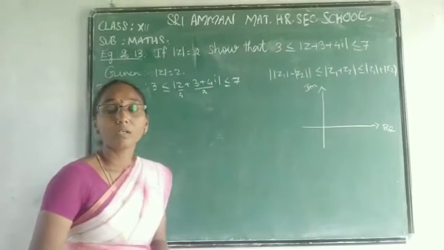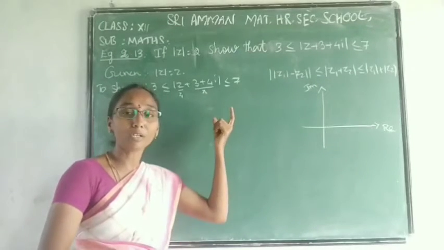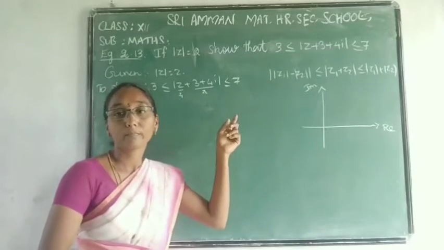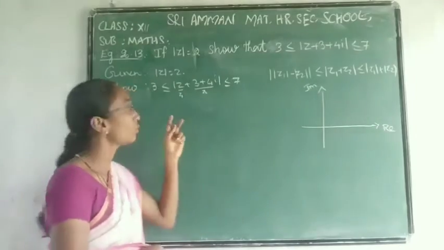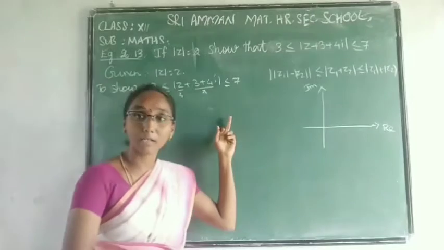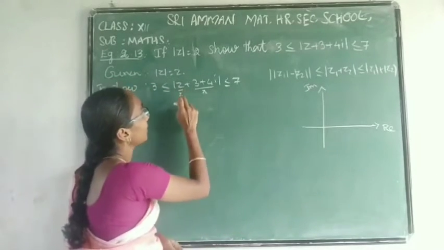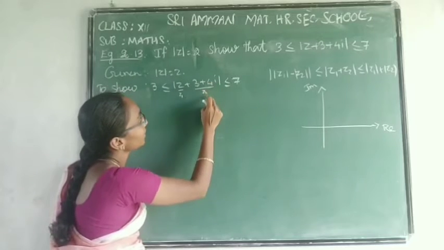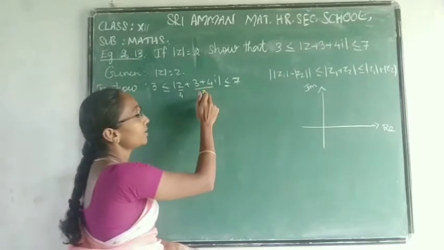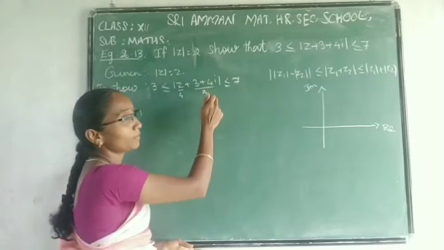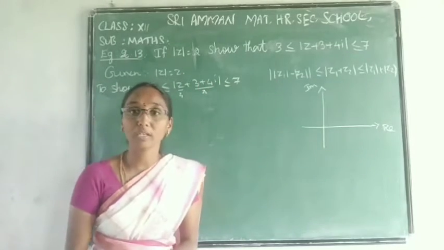To understand easily, I write only this here; you don't need to write z1, z2 in this way. This one is z1, this one is z2. Here in this z2 part, the complex number is 3 plus 4i.